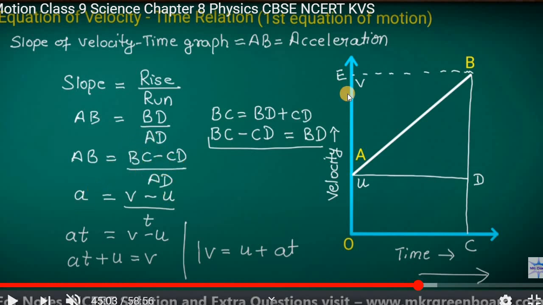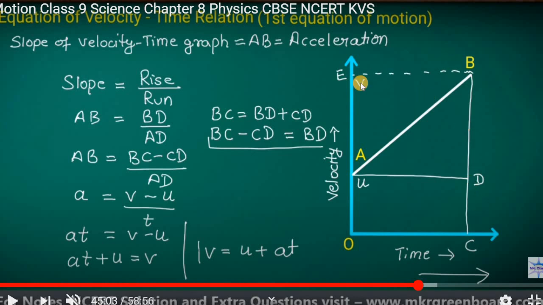As we know that AB means the change of velocity, that is the acceleration. So A is equal to, as we have the formula of acceleration, V minus U, where V means the final velocity and U is the initial velocity, divided by T, which denotes the time. But how did it come? Here you can see BC.